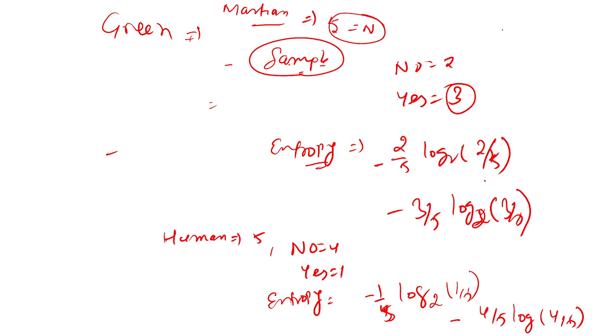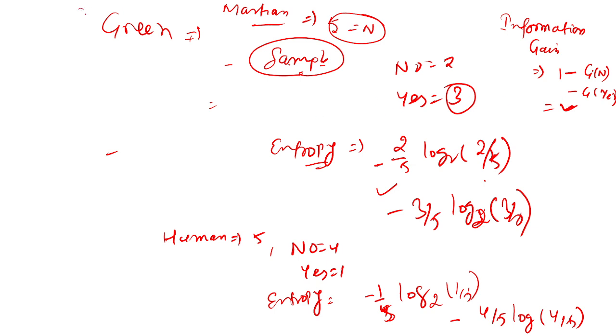Then after that we can get the information gain. Sir, we have to find the entropy for all of the attributes and then 1 minus the smallest value of entropy. Yeah, 1 minus the entropy for both, green no and green yes, so we'll get one information gain.